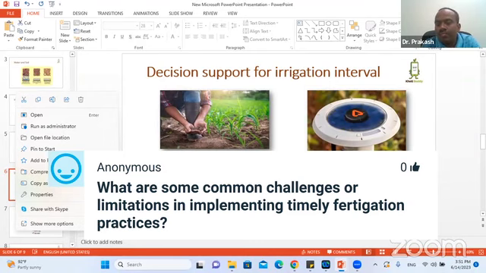Then in the field, electricity is a major issue, which is based on availability of irrigation and availability of electricity. If there is no electricity for 3, 4, 7, 8, or 10 days, such conditions occur. So electricity as well as climate can create hurdles in deciding the proper irrigation scheduling.